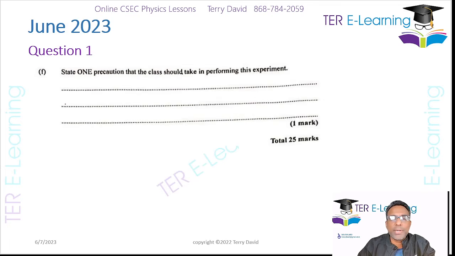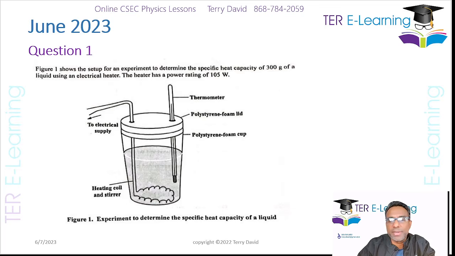State one precaution that the class should take in performing this experiment. Now, this is an experiment involving heat, right? Now, you're already using a polystyrene foam cup, so you're already trying to insulate the milk here, so you're already trying to assume that all the energy supplied is equal to the energy gained by the milk.